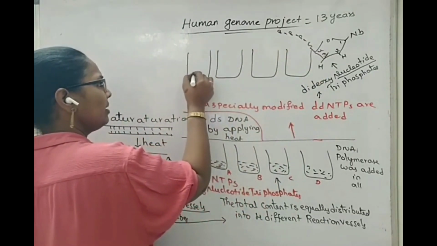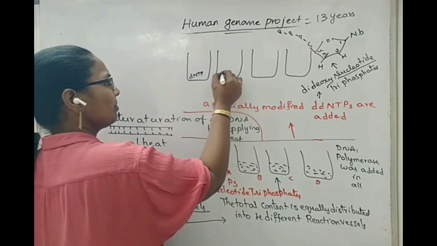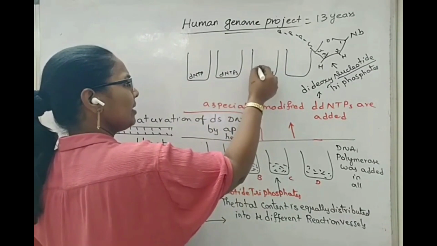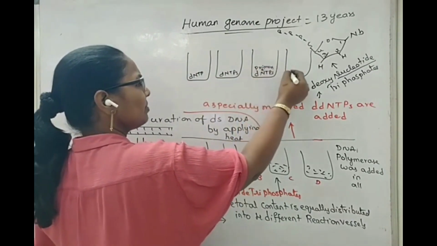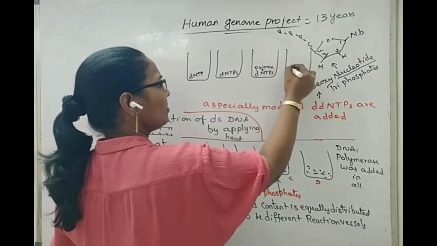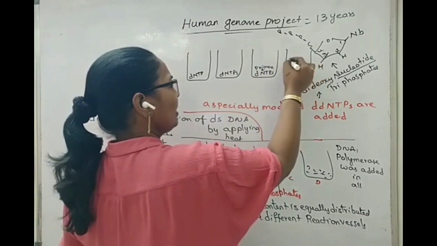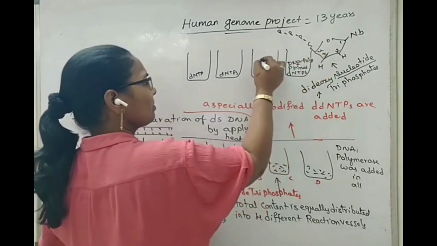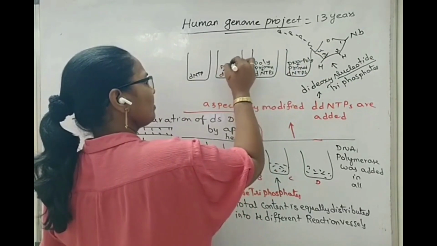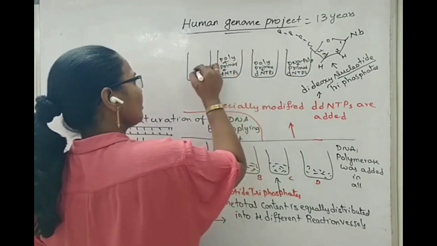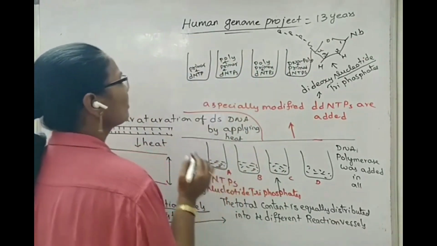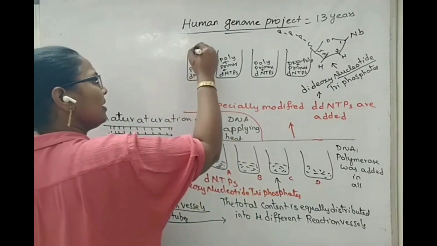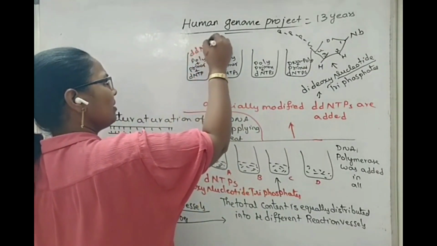So here dNTPs are already there. We have already added the primers. We already added DNA polymerase. To this, we are now adding the modified dideoxynucleotide triphosphates.